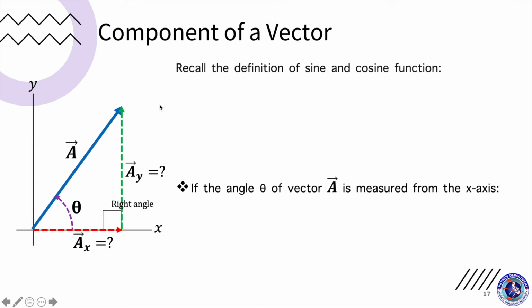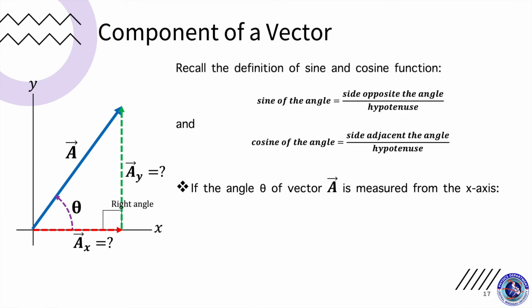If you'll notice here, I have a simple mnemonic when looking for its components. The easiest way is to use sine and cosine functions. Your AX is on the adjacent side of angle theta, so that means cosine.